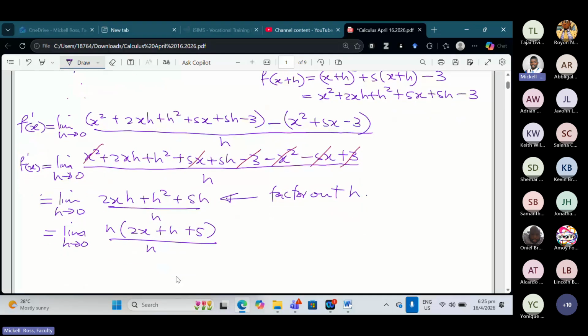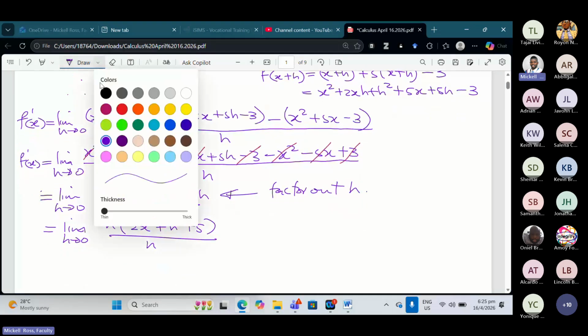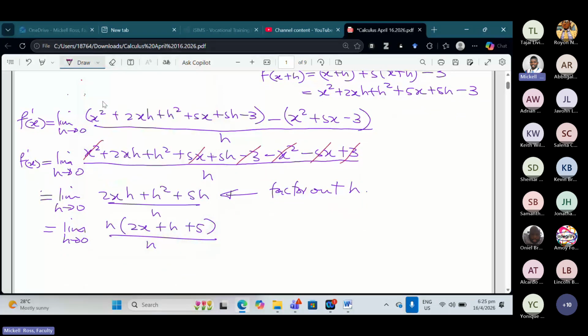Now, what is it that we see happening in the expression that we can simplify? H is multiplying this expression here, and h is also dividing. Because one is multiplying and one is dividing, they are performing opposite operations of each other, so they will cancel with each other.